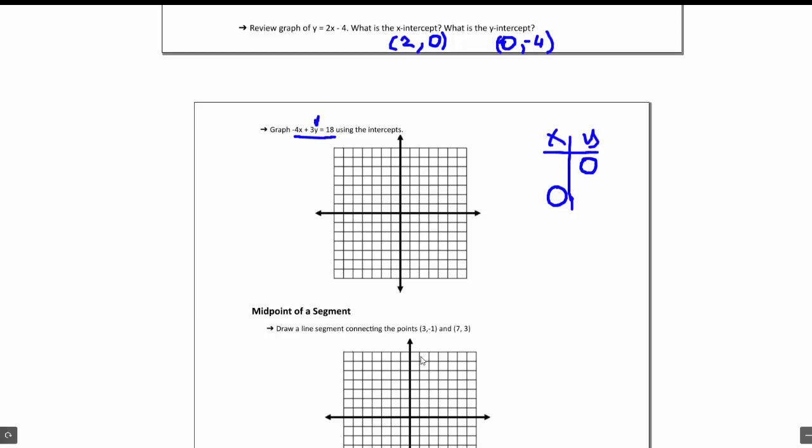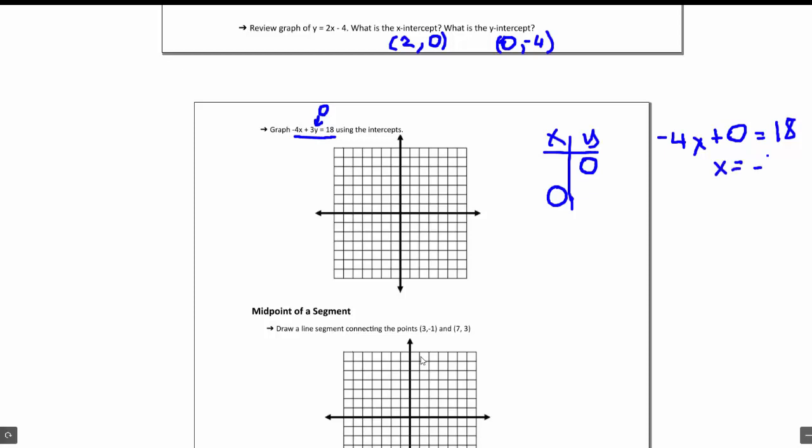I'm going to rewrite this equation with a 0 in place of that y. So I get negative 4x plus 3 times 0. 3 times 0 is 0, so I don't even need to write that down. Equals 18. Now I need to divide by negative 4.